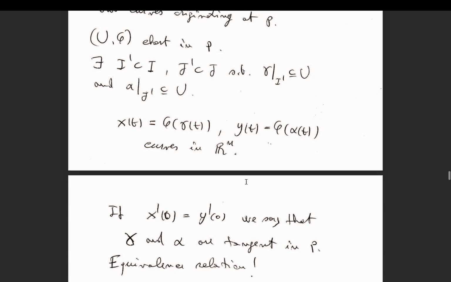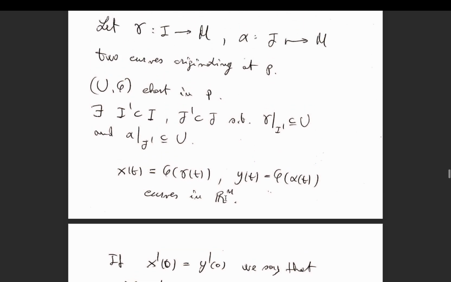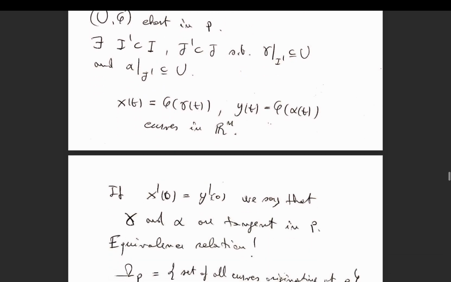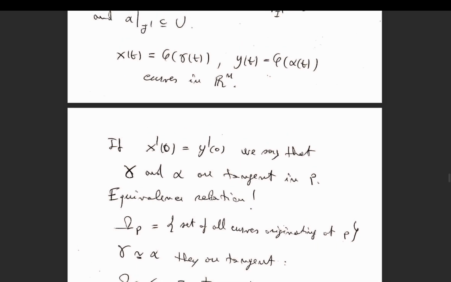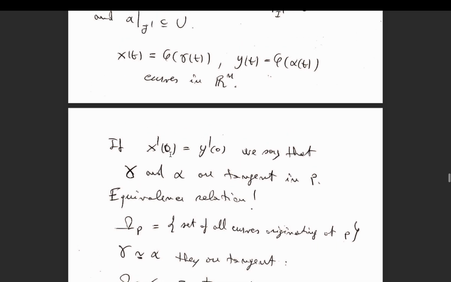Now these are curves, as we said, and if the derivative with respect to t computed at 0 of x is equal to the derivative with respect to t of y computed at 0, then we say that the curves alpha and gamma are tangent at the point P.